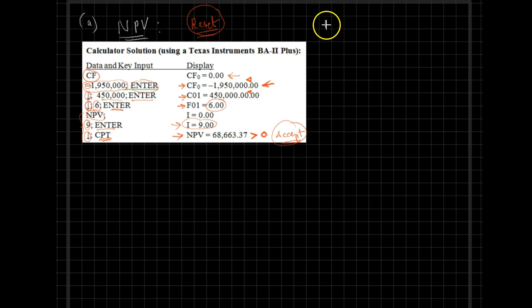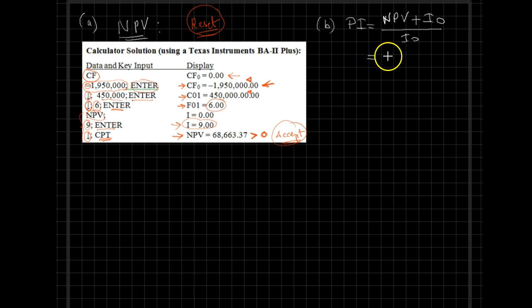Now let's also have a look at the profitability index. Recall that the profitability index is obtained by adding back the initial outlay to the net present value. So we can say net present value plus initial outlay, all divided by the initial outlay.